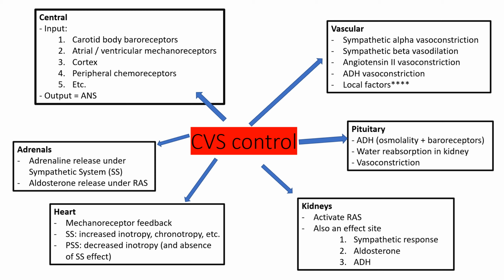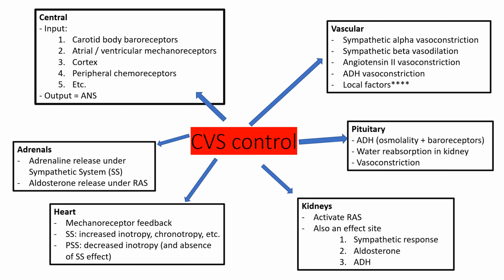The role of the pituitary gland in the control of the cardiovascular system is mainly via the release of antidiuretic hormone from the posterior pituitary, which is released in response to low plasma osmolality, but also in response to a baroreceptor-mediated reflex, in other words, to low blood pressure. This antidiuretic hormone stimulates vasoconstriction in the vasculature, and it stimulates the reabsorption of water from the collecting tubules in the kidney.